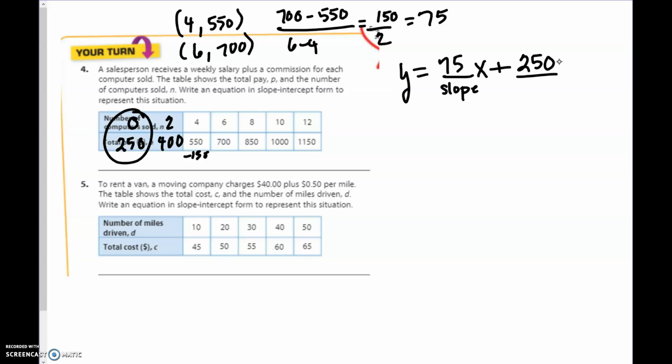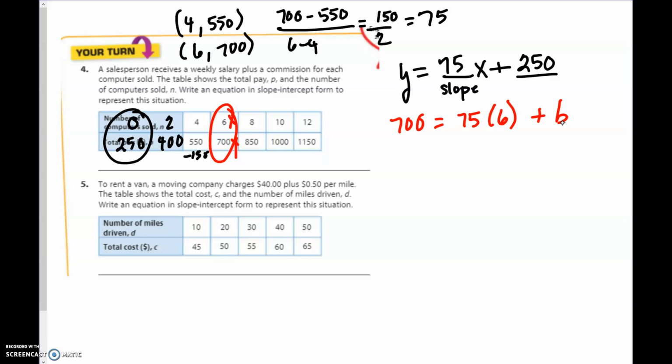Now, if we don't know for sure if that pattern is going to keep us down where we need to go, the way we learned yesterday is to just pick a point. This is x, this is y. So I can put 700 in here for y, and then in place of x, I can put 6, and then I'm going to solve for this. When I'm done solving this, this answer better come out to be 250, which is the same thing.